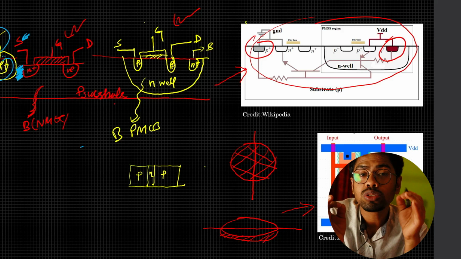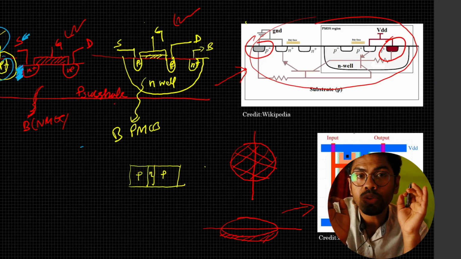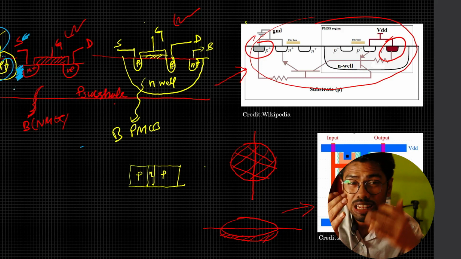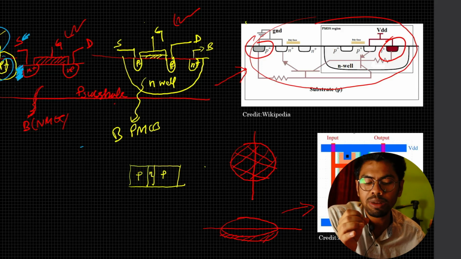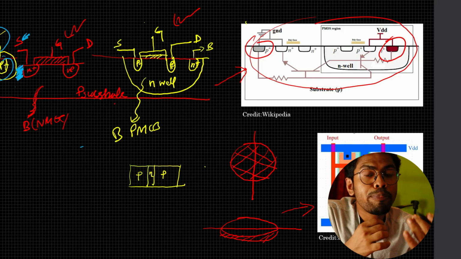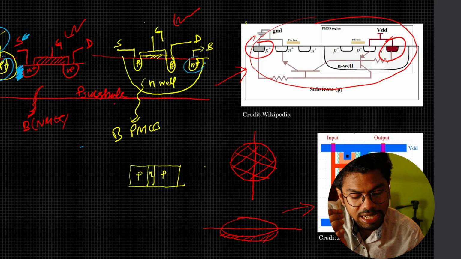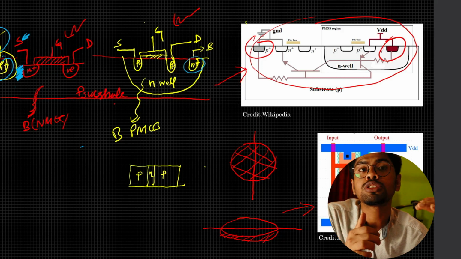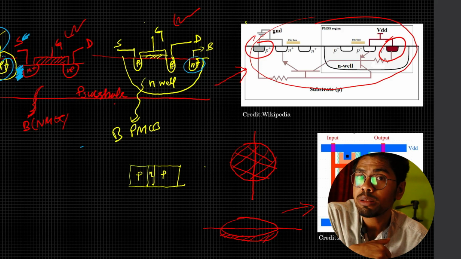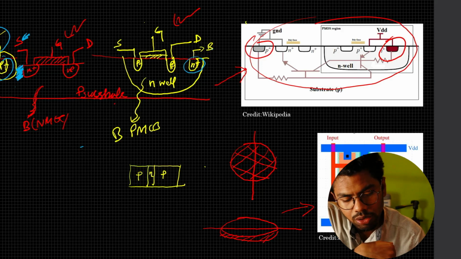So to solve this issue, we always tie the body of NMOS to the lowest possible potential, which is ground, and the opposite for the PMOS, because in PMOS our body is N type, so N type should be at the highest possible potential, and in this circuit that is VDD, so we always connect it to VDD.